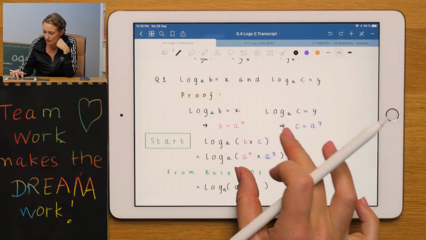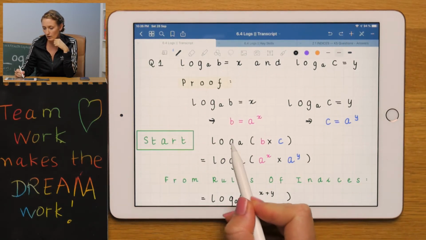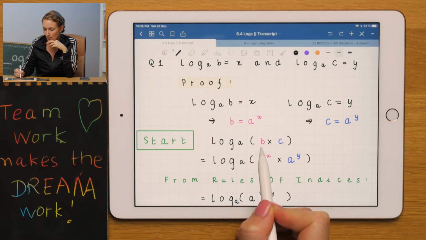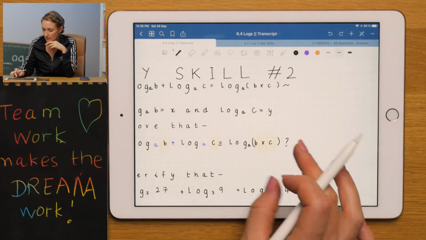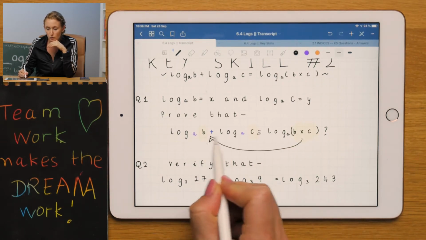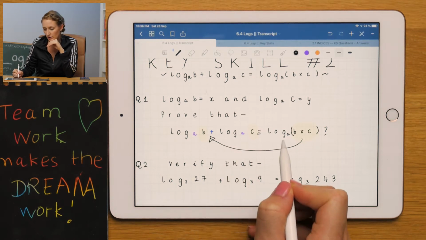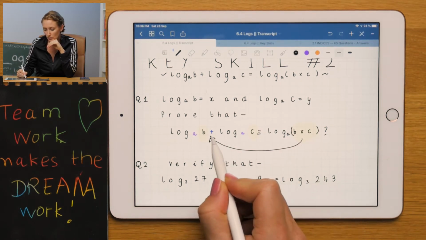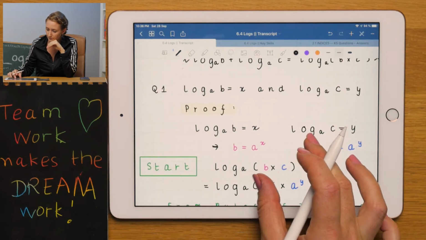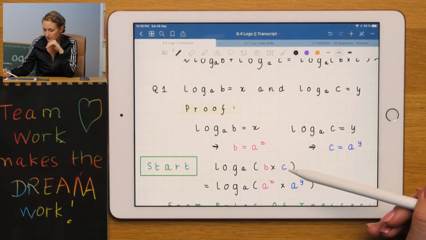In our example, we're going to start with the 1 logarithm where they've been multiplied together. So we're going to start with log b times c. That means we're going to start here and we should end up with 2 logarithms that have been added together. Starting with 1, finishing with 2. So the first line, we've got b times c.